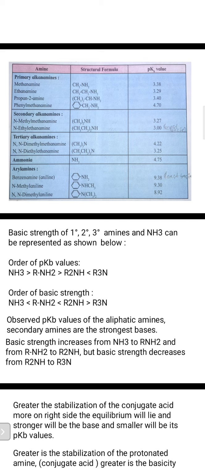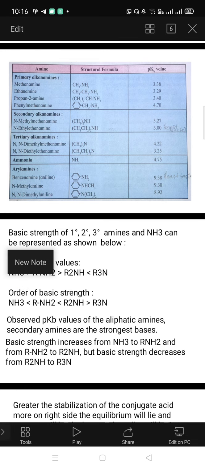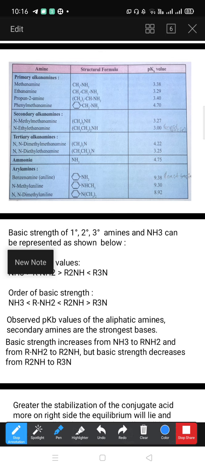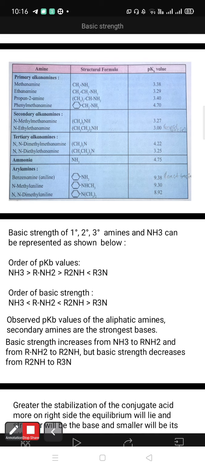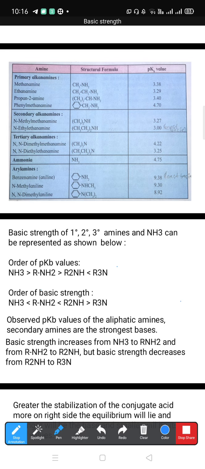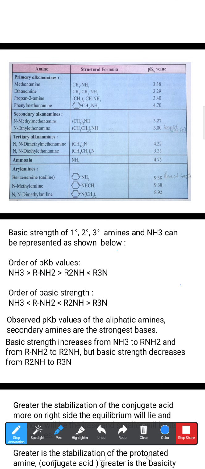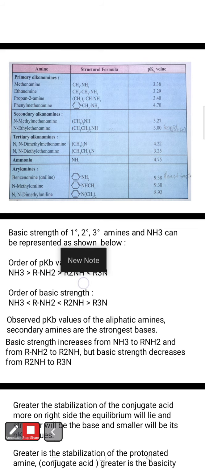The tertiary amine has a greater pKb value than that of the primary amine RNH2, which is greater than that of the R2NH.